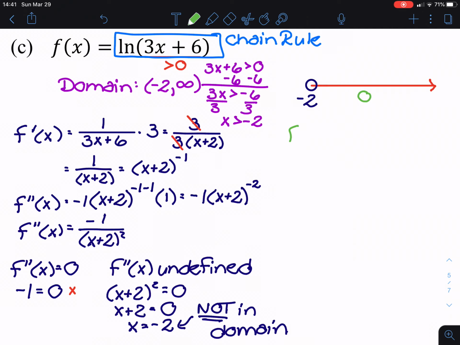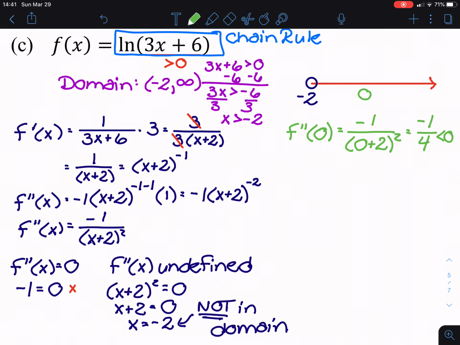So I'm going to take the second derivative and I'm going to put 0 into it. So the second derivative is -1 over 0 plus 2 squared, which is -1 over 4, which is -1/4, which is less than 0.